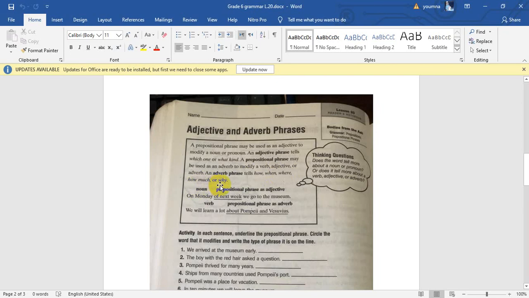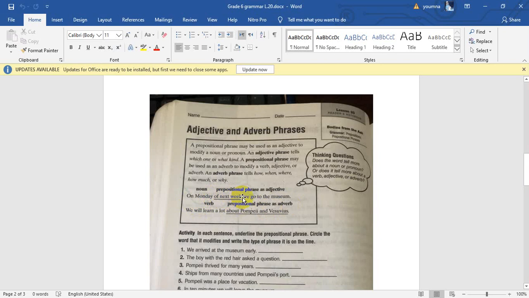So the adjective phrase tells us which one or what kind. The adverb phrase tells us how, when, where, how much, or why. So let's see and check. On Monday of next week, we go to the museum. So here, where's the prepositional phrase? Of next week.